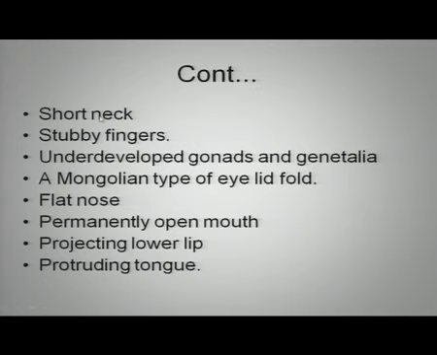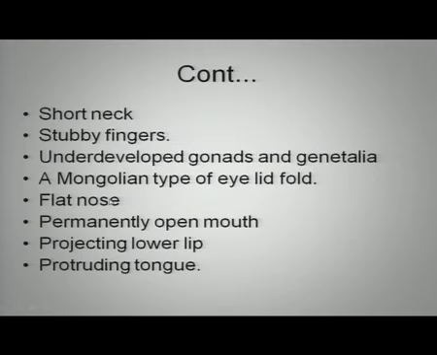Short neck, stubby fingers, underdeveloped gonads, exogens, genitalia, a Mongolian type of eyelid fold.